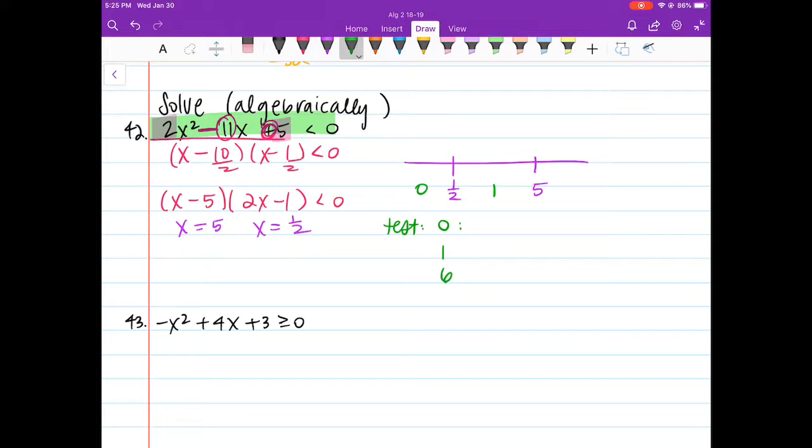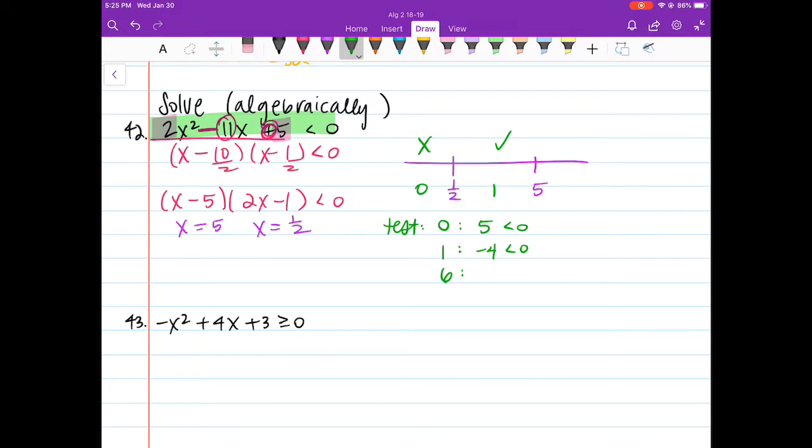So when I plug in 0, I'm left with positive 5 is less than 0. That is not true, so that means that I'm not going to shade to the left of 1/2. But when I plug in positive 1, I'm left with 2 minus 11, which is negative 9, plus 5, which is negative 4. That is, in fact, less than 0. So that one is a true statement. I'm plugging in 6.